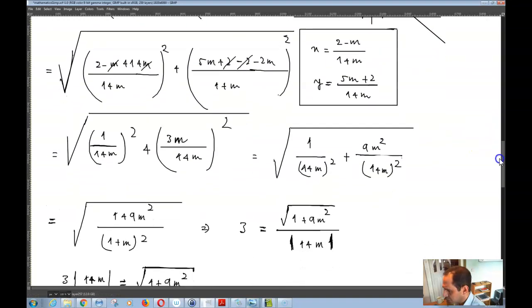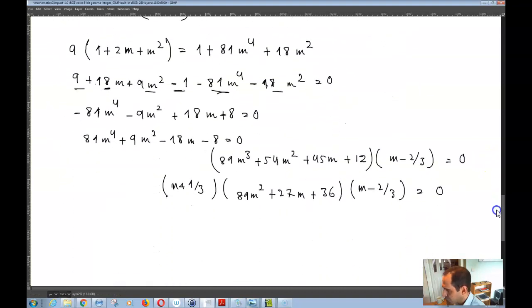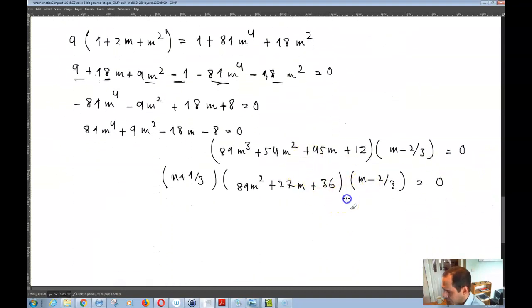we said that this distance is supposed to be equal to 3, and then we got two values for m over here. Now this part is not important.